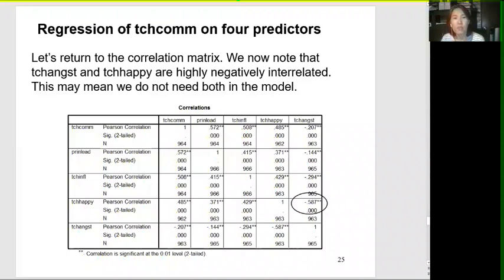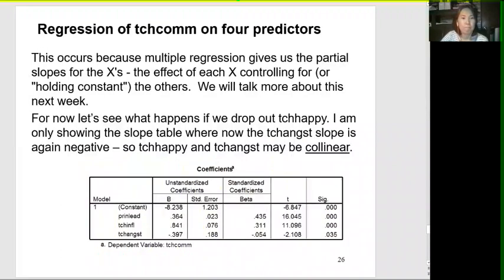This may mean we do not need both in the model. This occurs because multiple regression gives us the partial slopes for the x. The effect of each x controlling for the others. We will talk more about this next week.